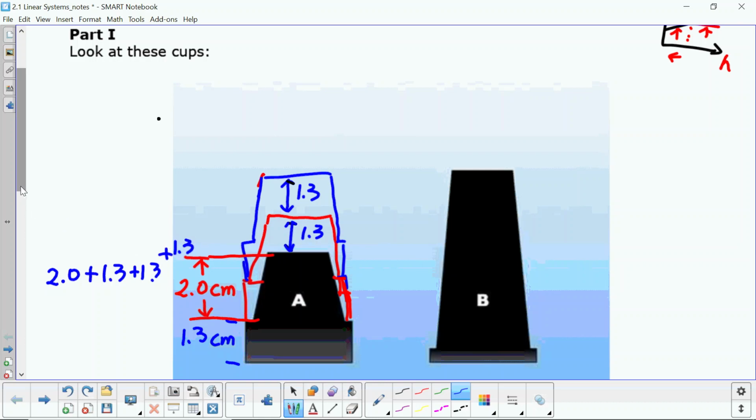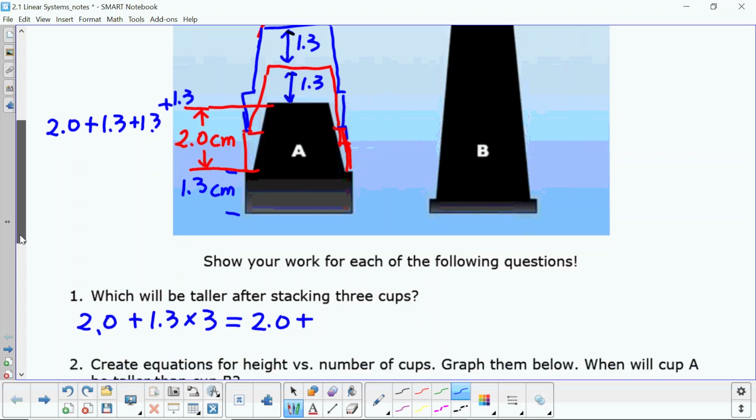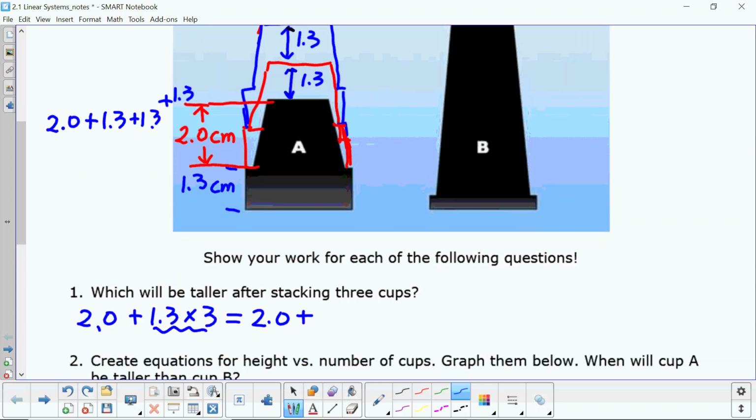Then we are able to find after 3 cups, the height is 2.0 plus 1.3 times 3. From BEDMAS, we are going to do the multiplication first, which is 3.9. So the total height after the 3 cups will be 5.9. So this is for cup A.